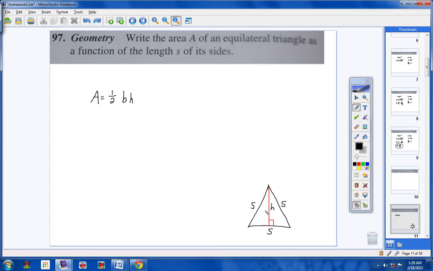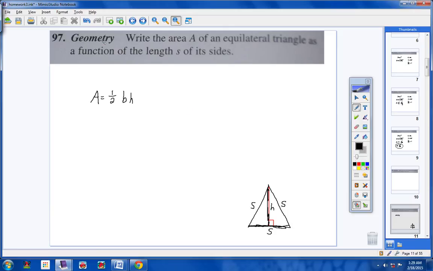Now, the first thing I want to show you is this. Are you ready? If I asked you to find the area of this triangle, I would multiply base times height and divide by 2, or multiply by 1/2. Would I not? Sure I would.